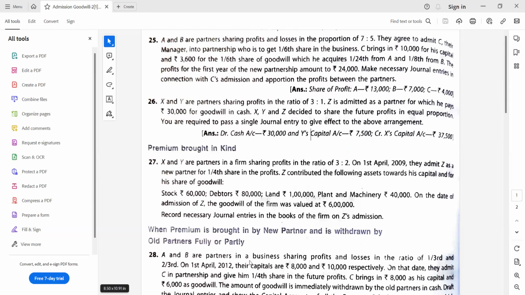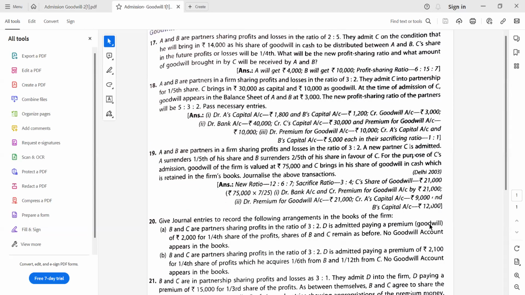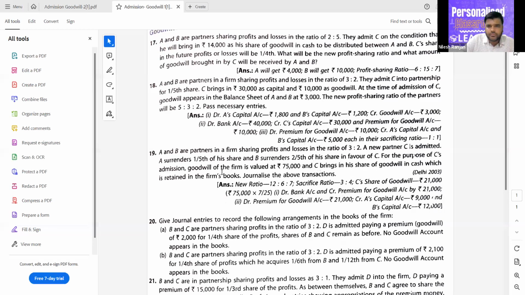Previous class homework. This one. So the one you showed before this.